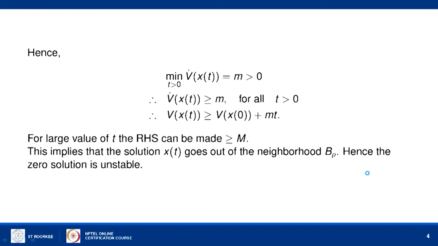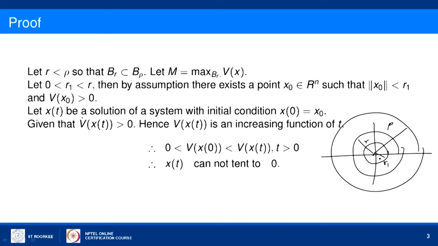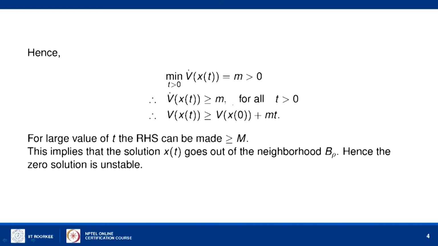So it means that this implies that x of t goes out of the neighborhood B r. The maximum is defined on B r, and because the value of V is exceeding the value capital M, it means that the solution x of t goes out of the neighborhood B r.